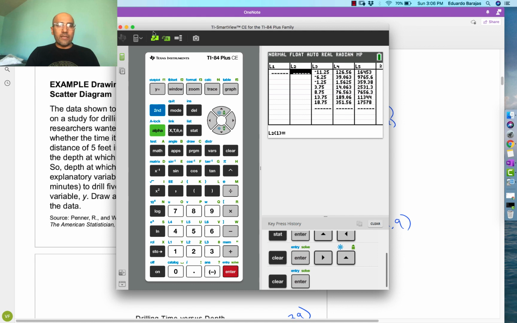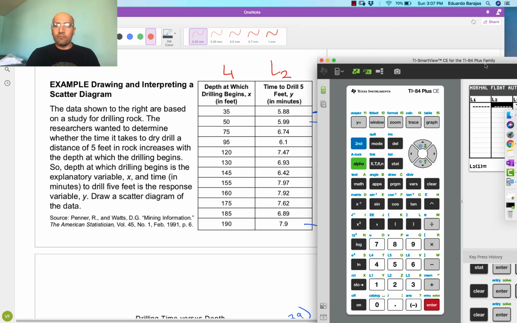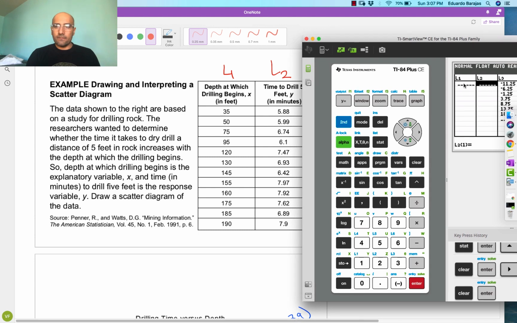All right, so list 1 and list 2. Going back over here, I'm going to refer to this one as my list 1 and this one as my list 2. So I'm going to input these values into my calculator on list 1 and these values on list 2 this way.